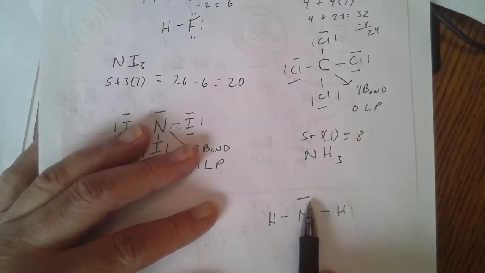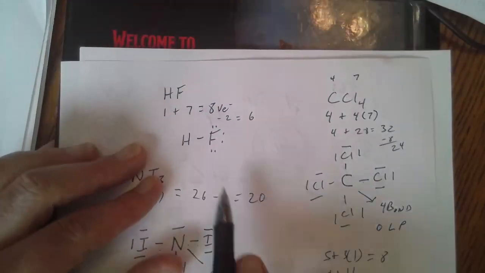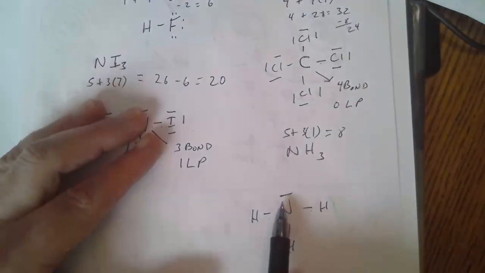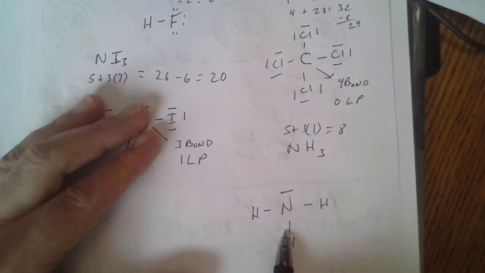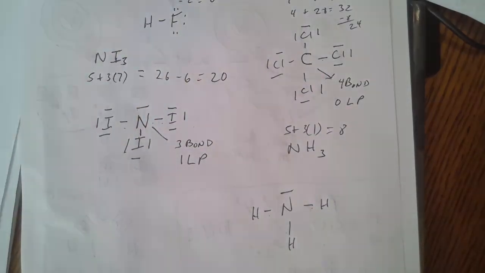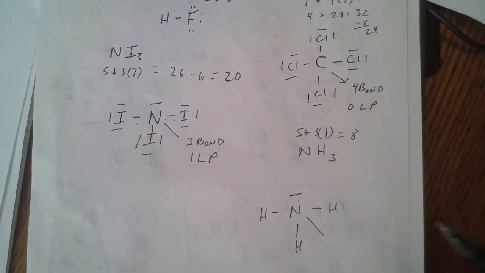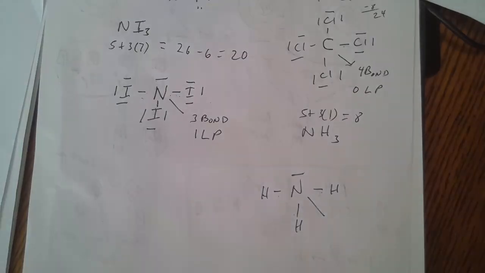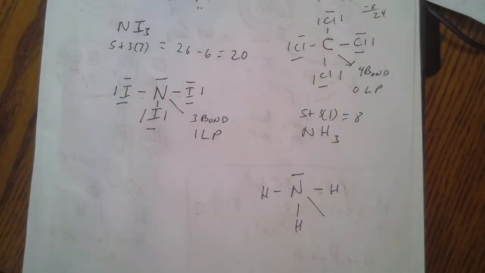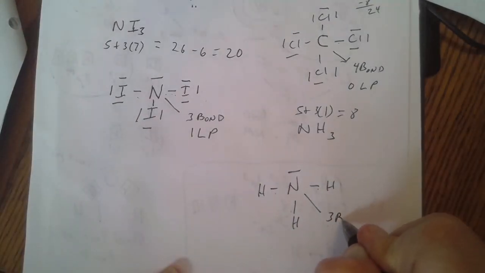We can draw lone pairs as either dots, as I did here, or as just a line. Bonds are often drawn in lines. You don't often see those as just dots. How many bonds, how many unshared pairs? Student of the month question. 3 and 1. Nice. 3 bonds, 1 unshared pair, or lone pair.